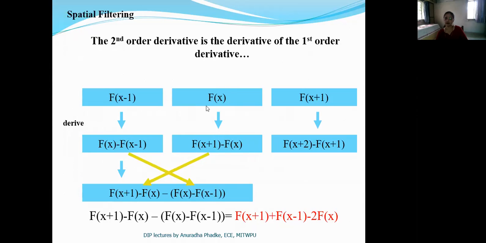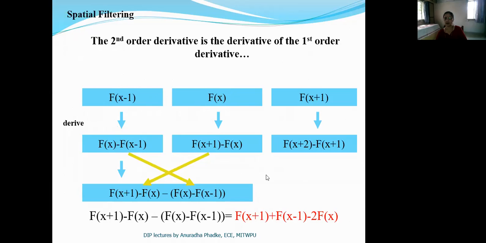So in order to determine the second derivative of this particular pixel, we simply add the previous pixel with the next pixel and subtract 2 times the current pixel. So I hope this process is clear to you for a one dimensional signal.